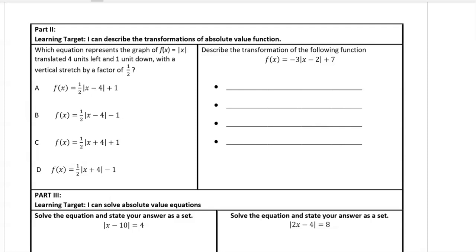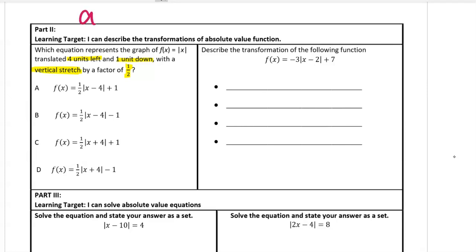I can describe the transformations of absolute value functions. Which equation represents the graph of f of x equals the absolute value of x, translated 4 units left, 1 unit down, with a vertical stretch by a factor of 1/2? All right, so let's talk about this. 4 units left.